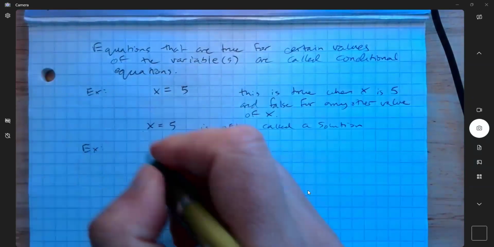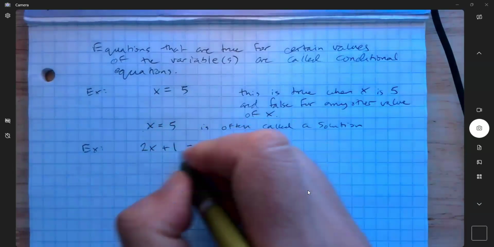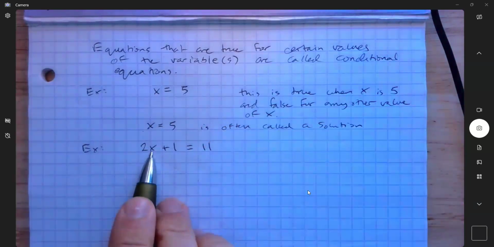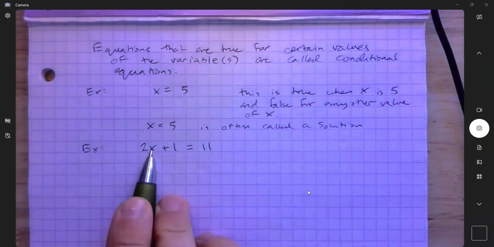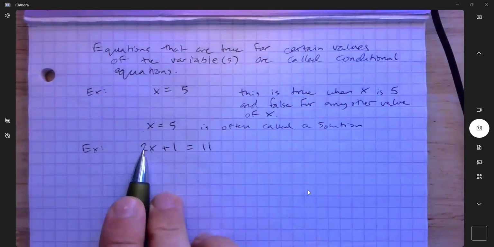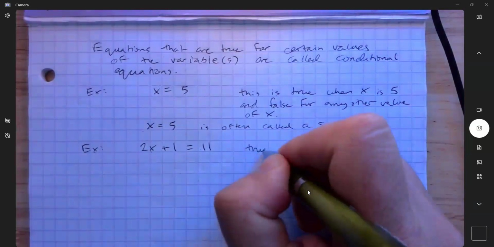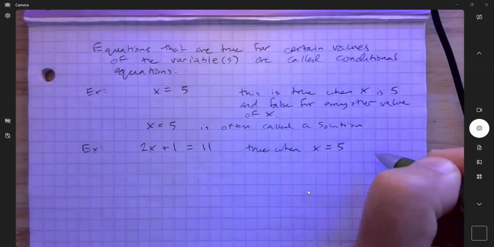For example, if I have 2x plus 1 equals 11, this is conditional because certain values of x will make it true and other values will make it false. If I put 100 in for x, 200 plus 1 is definitely not 11. But if I put 5 in for x, 2 times 5 is 10, plus 1 is 11. That's true. So this is also true when x equals 5, and false for any other value.